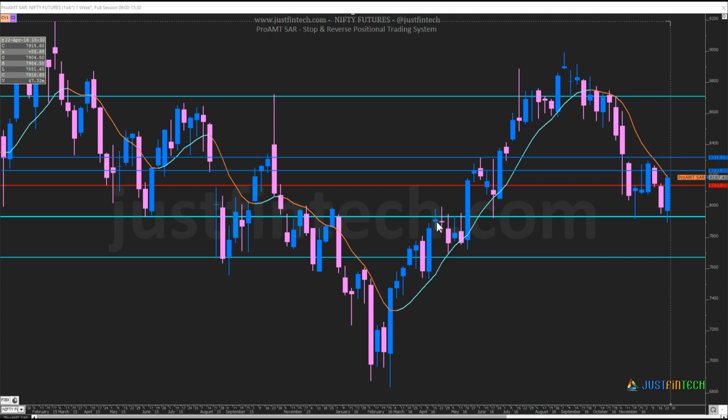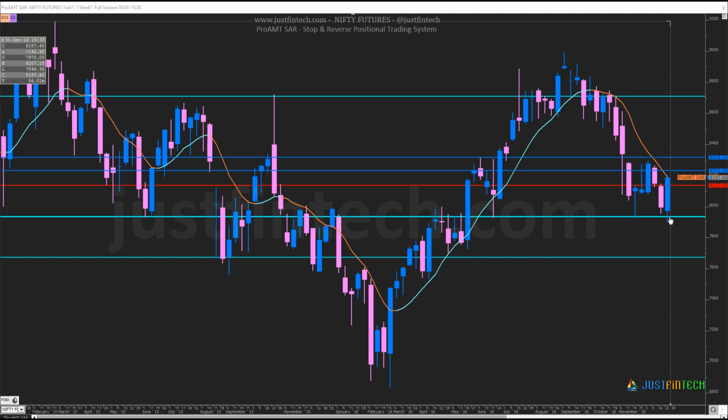Again 6 weeks, and 4 weeks. So altogether 10 weeks of almost a similar range. So this is a very thick zone, very fairly traded, and that's why it is facing trouble pushing through this.